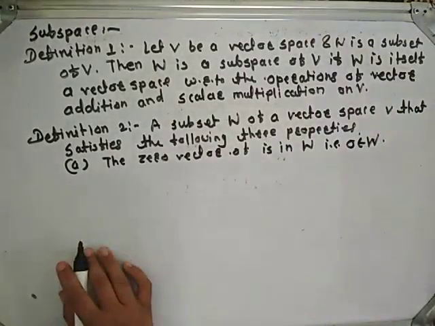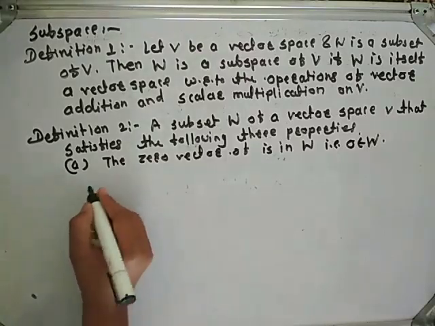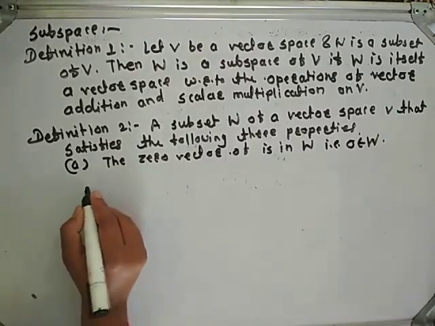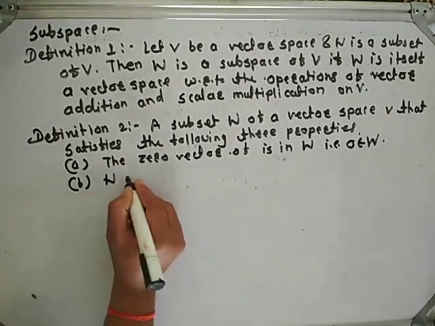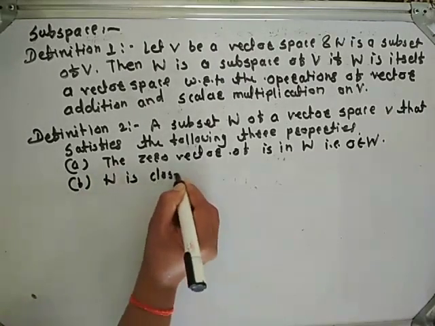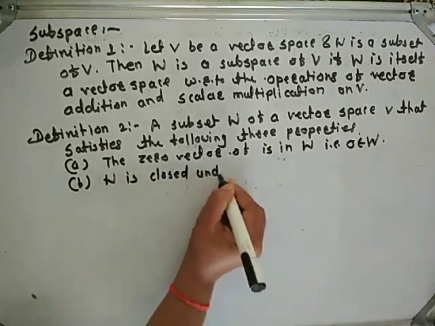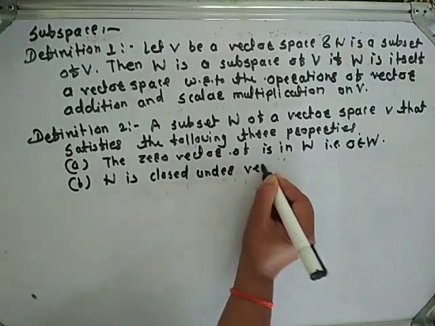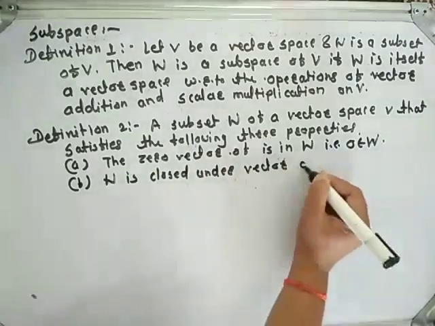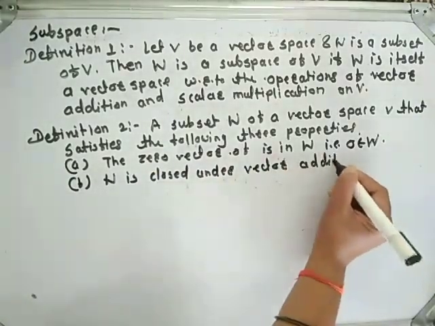Second, W is closed under vector addition.